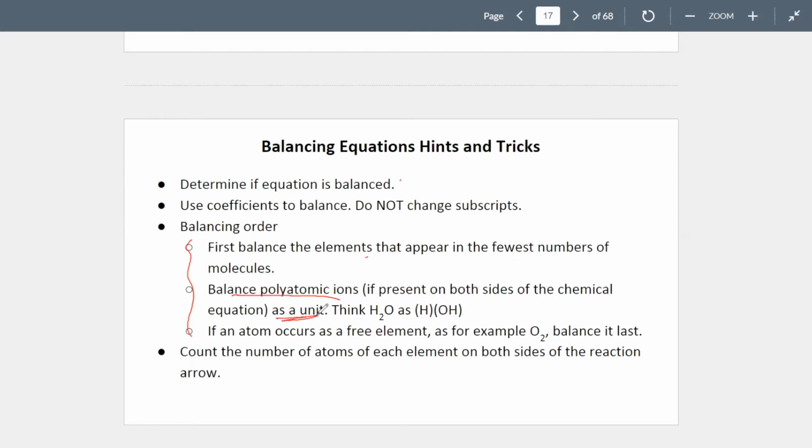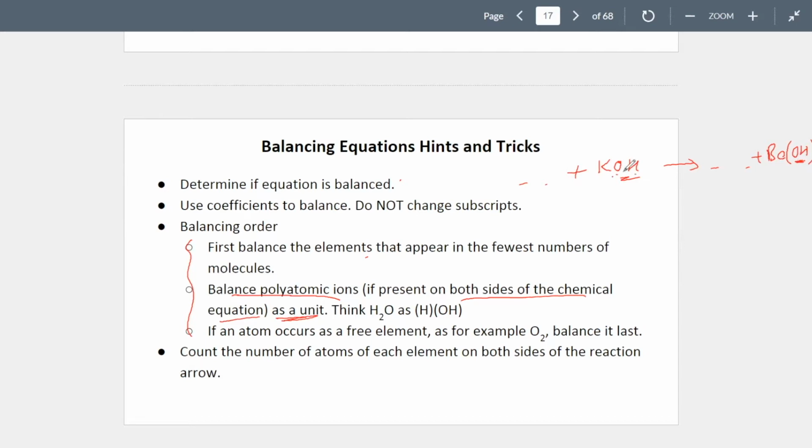And you're going to balance a polyatomic ion as a unit only if it is present on both sides of the equation. That means, if KOH is present over here and there is another molecule, say Ba(OH)2, then if it is present as this on both sides, only then you are going to balance it as a unit.